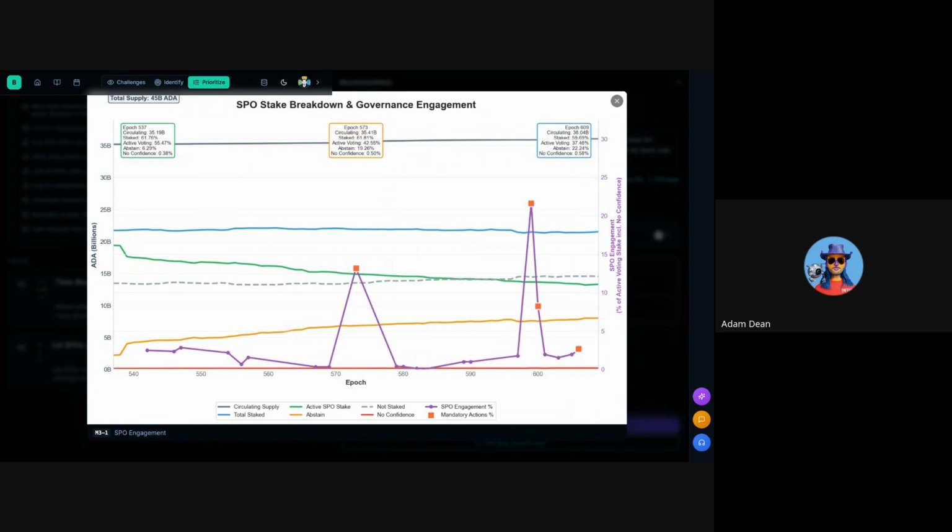So I think it's unfair to say, look at how they've reacted. SPOs have upgraded the entire network within days to get it ready for hard forks and when bugs have been discovered. So they are 110% a qualified body. We just marginalize them as a voting entity within the system.